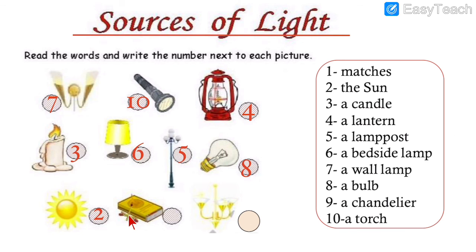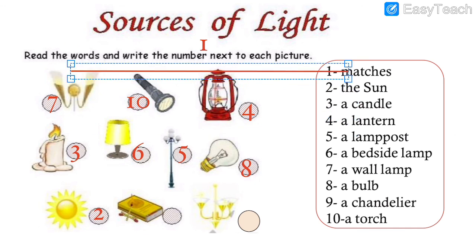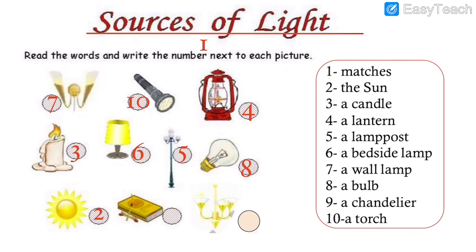These are matchsticks which are kept over here. So it is in number 1. We'll write number 1 for matchsticks. Then the last one, identify what is it? It is a chandelier. Let's write number 9 over there as it is given in number 9.